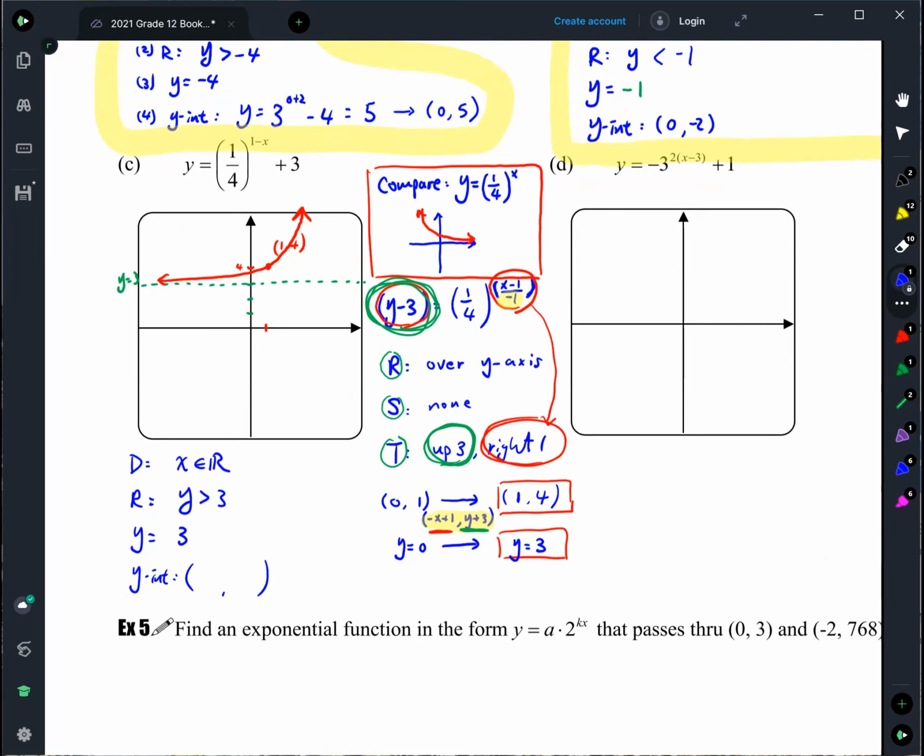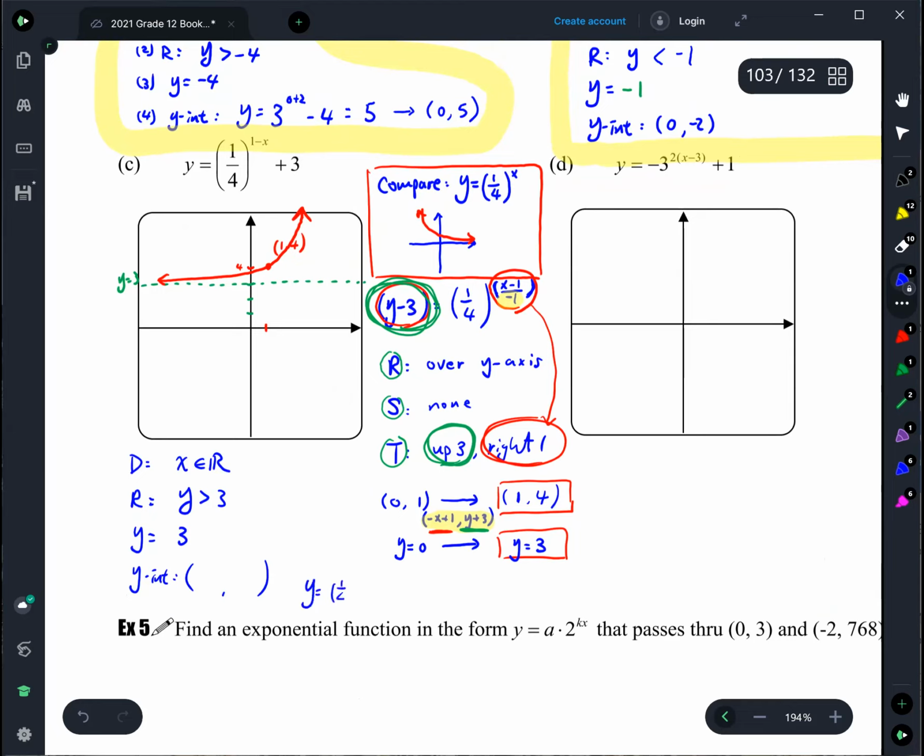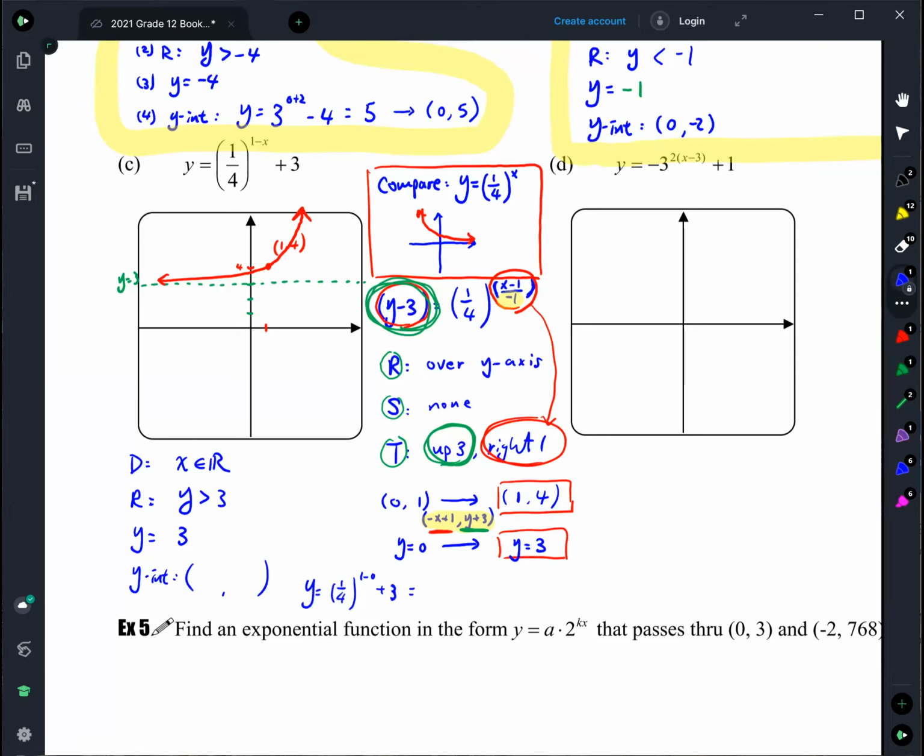Okay, so y equals 1/4, 1 minus 0, plus 3. Eric, can you tell us what you get? 3 1/4. That's right. So 3.25.